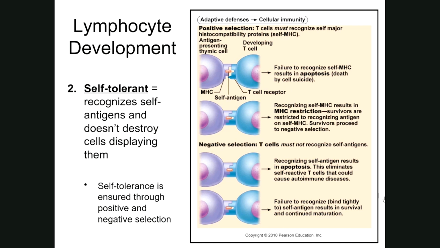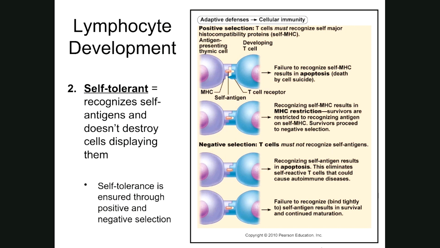Because if it is your own self-antigens, it's going to destroy cells that are displaying your self-antigens. So what we want to do in this second process as a T cell or a B cell is maturing and it's becoming a fully functional immune system cell that we can send out into the body to defend the body against microorganisms, is look at this self-tolerance.